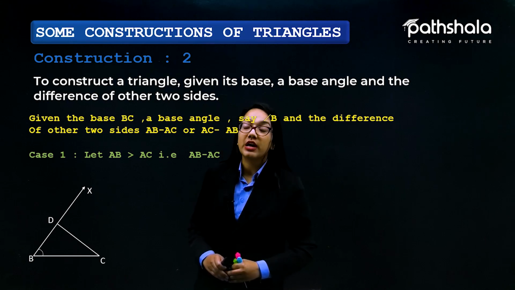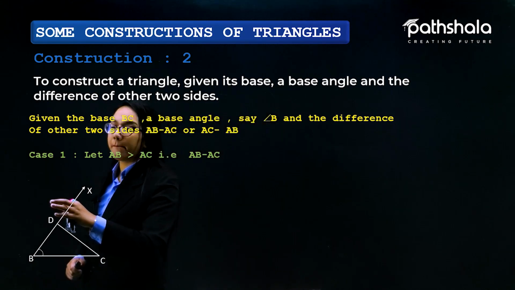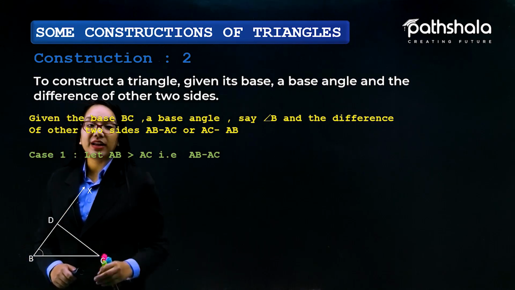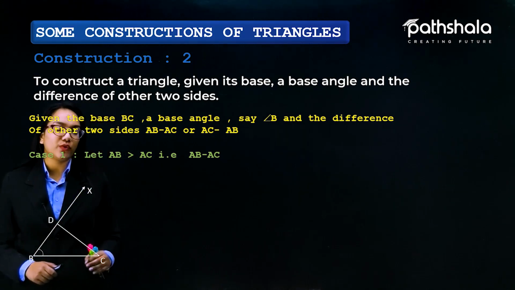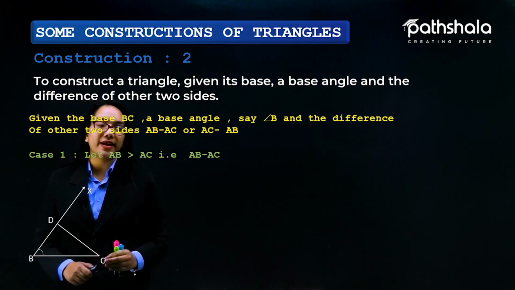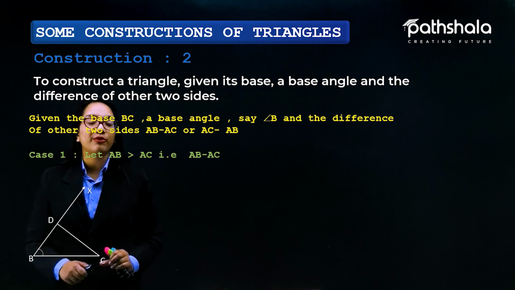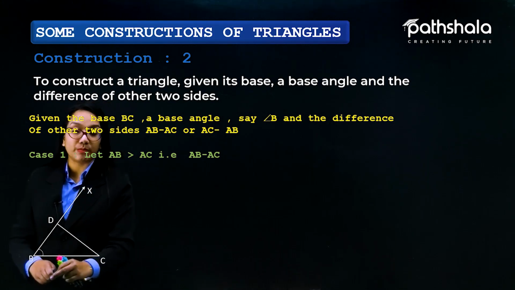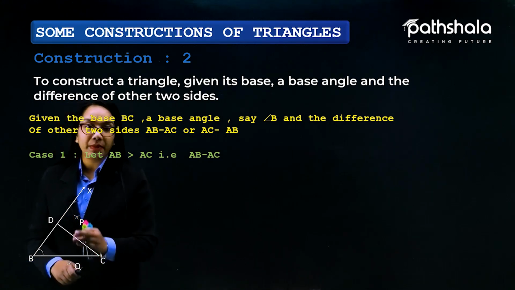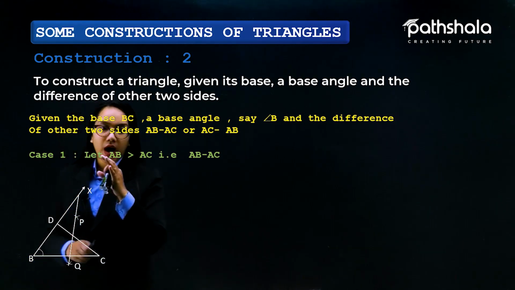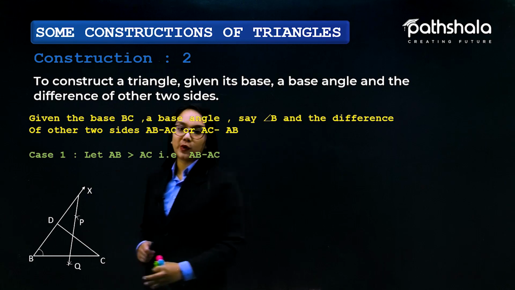Let us construct the perpendicular bisector of DC. We all know how to construct the perpendicular bisector using the compass, taking C and D as the centers. We mark an arc above as well as below, like this. Let's join these two points together.